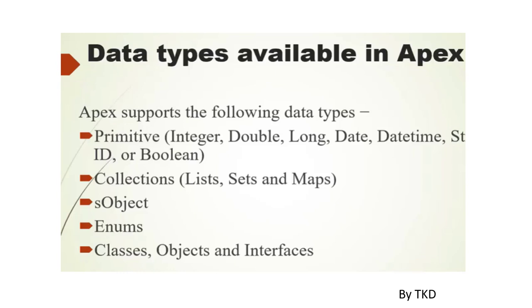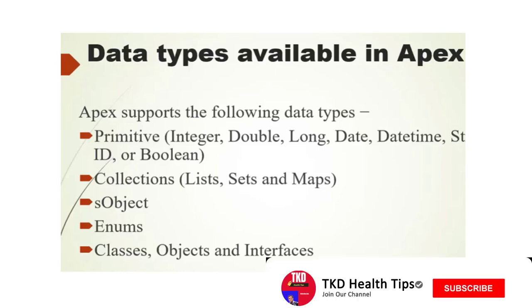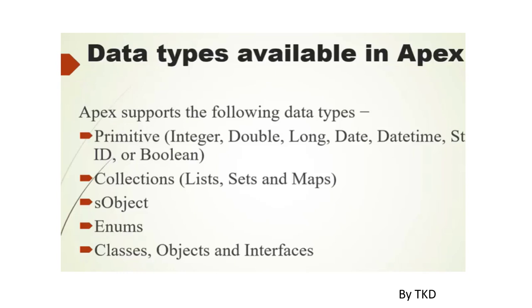An sObject is any object in Salesforce, no matter whether it's a custom object or a standard object, it is called an sObject. So sObject is the main object. We can say account is an sObject, contact is an sObject, opportunity is an sObject, and so on and so forth.